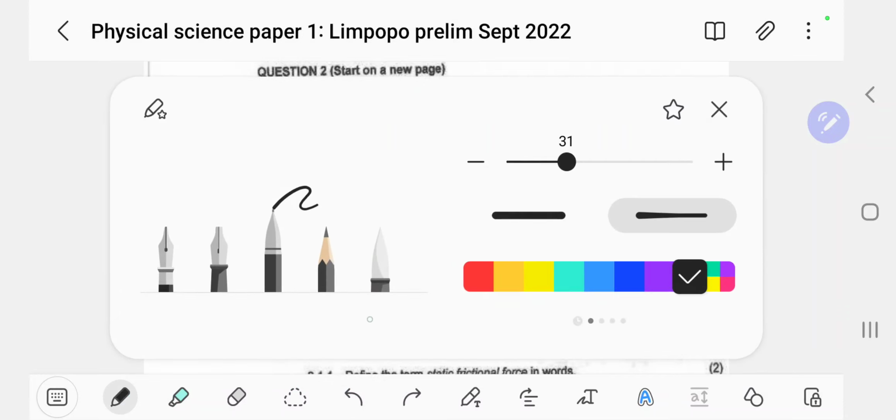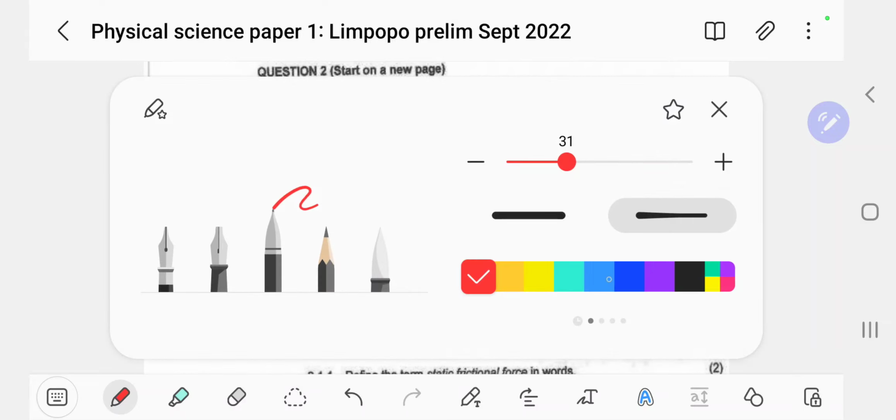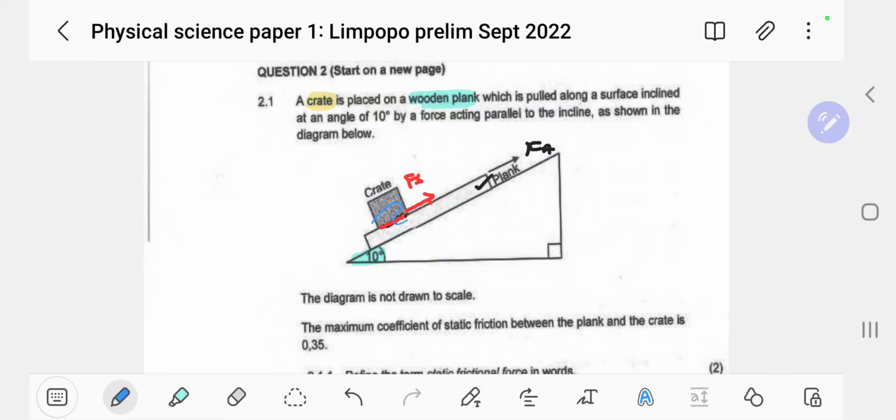Okay, maybe let's use another color here. So meaning there has to be some sort of friction between these two. And in which direction is it directed? It's directed upward. Because for this crate to go together with this one, that friction must be opposing the weight, because the weight of this box will be trying through its parallel component to move this box that way.